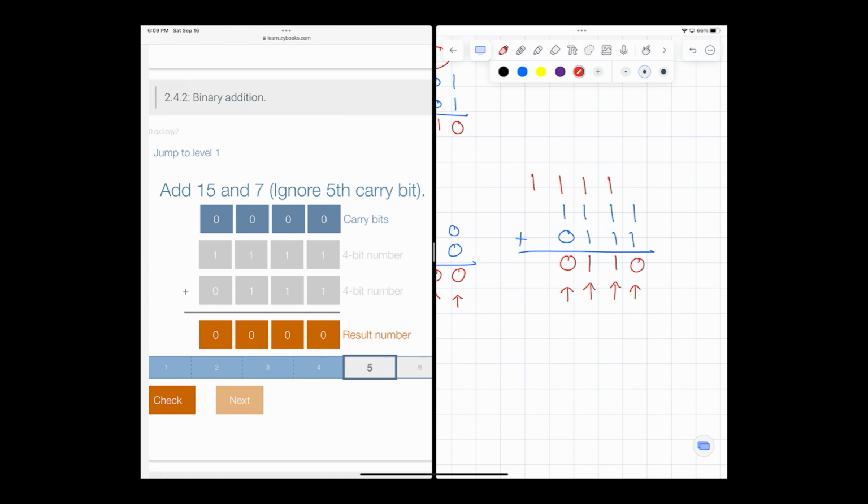Now, what they're telling us, though, is to ignore the fifth carry bit, because we never write it, but there was a carry digit like here to start with, right? That we never used. So when we go to write our answer down, what we do is in our bottom row, we write the 0, 1, 1, 0, right? That we've got here, the 0, 1, 1, 0, like that.